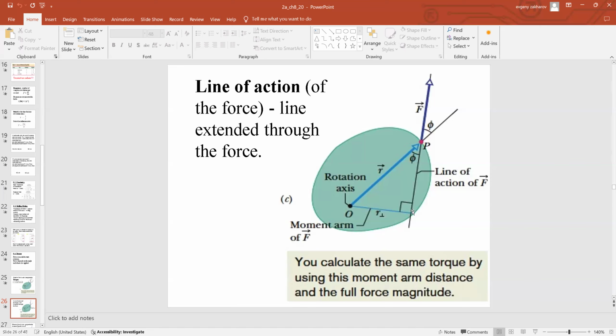And your alternative approach to calculate the torque would be the magnitude of the force by itself, no sine, no cosine, just the force, F, times the value of the moment arm. And if you look closely, you'll see that the moment arm is actually opposite to that angle that we discussed earlier. So it is a natural sine of that angle that's going to enter your calculations.